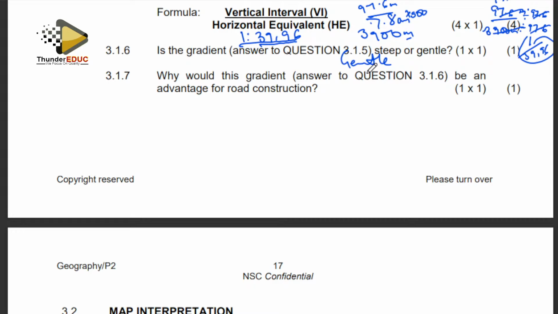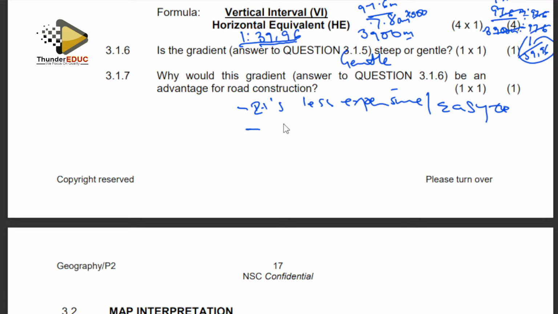If you're constructing a road, you can easily construct it where it is gentle. Why? Because it is less expensive to construct. Or you can say it is easy to construct a road on a gentle gradient, but it is very difficult to construct it on a steeper gradient.